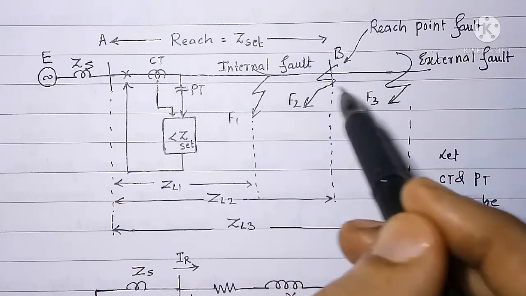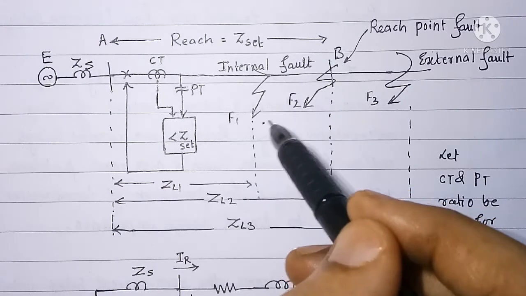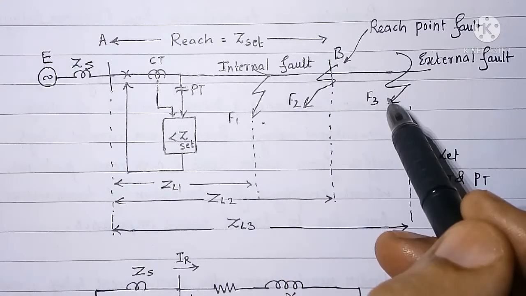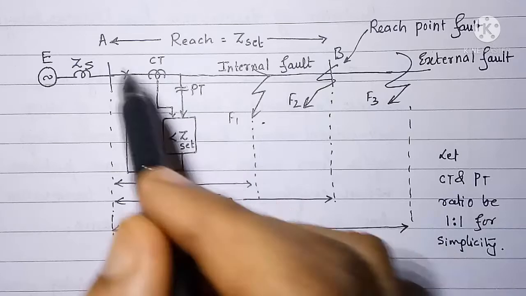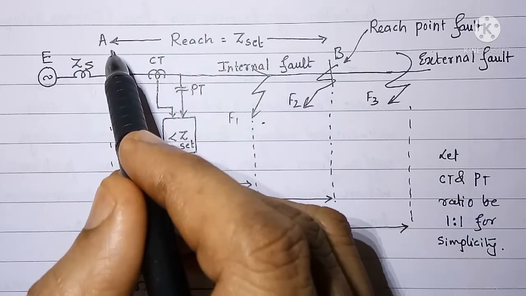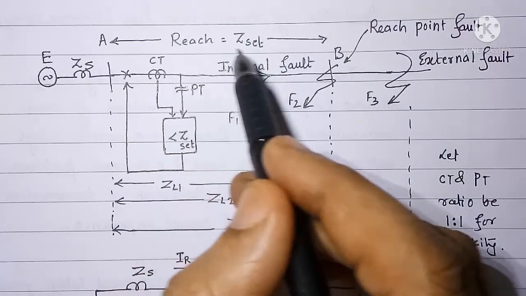Now on this transmission line you can see three faults, namely F1, F2 and F3. If the setting of the relay is made for Z set, which is equal to the line impedance between bus A and B, it becomes the reach of the relay.